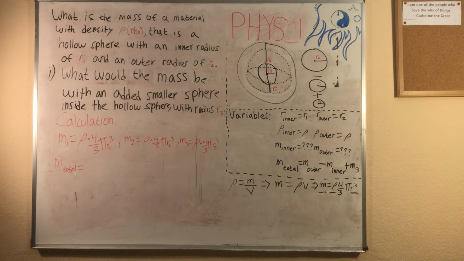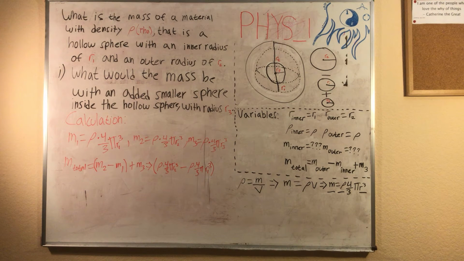The mass total will equal mass sub 2 minus mass sub 1 plus the final mass sub 3. So now, substituting for all the masses, we should end up with rho times 4/3 times pi times r sub 2 cubed minus rho times 4/3 times pi times r sub 1 cubed, and adding rho times 4/3 times pi times r sub 3 cubed.